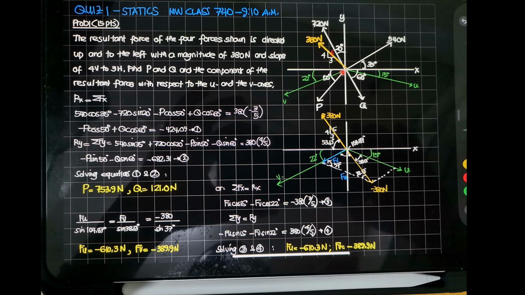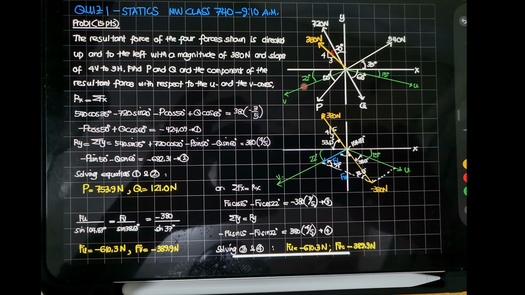Then the y components of P and Q, going down, would be negative. The y component of P is negative P sine 50 degrees. The y component of Q is also negative: negative Q sine of 60 degrees.